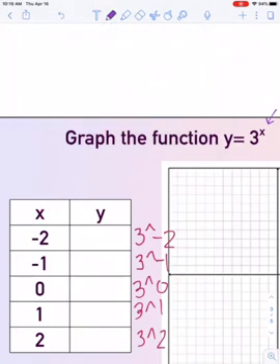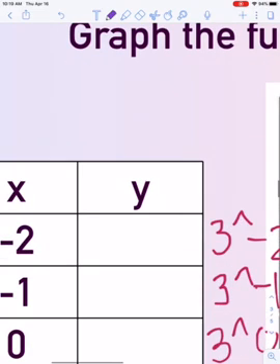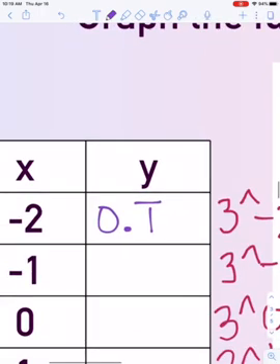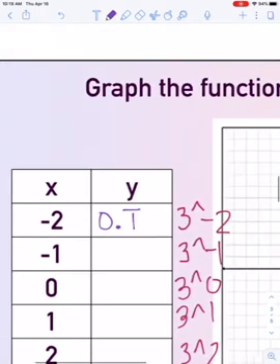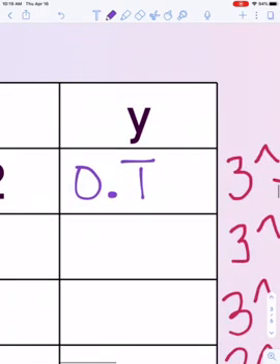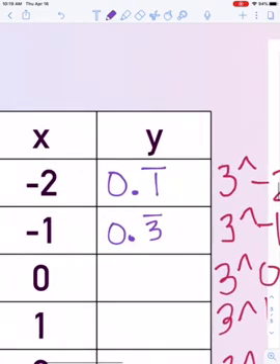In your calculators, you just put those in, so 3 to the -2nd. When you do that, you're going to get a crazy number, 0.1 repeating, so it's really, really small. We just write that down. When you do 3 to the -1, this time you're going to get 0.3 repeating, slightly bigger than before.